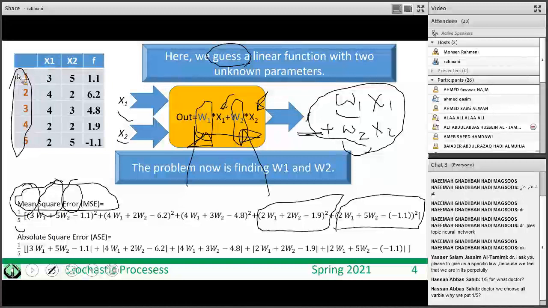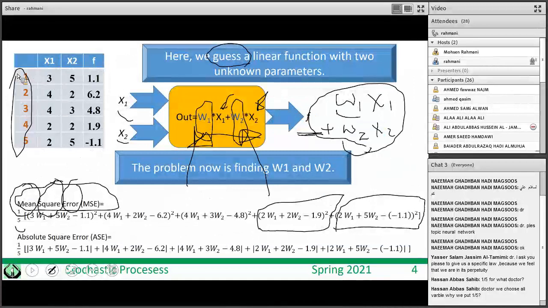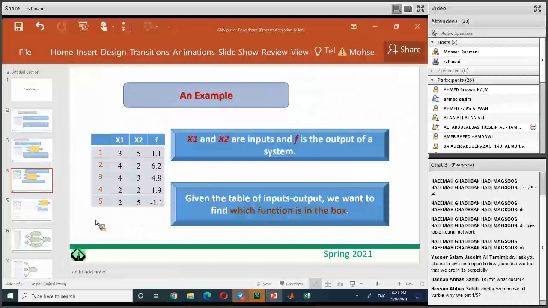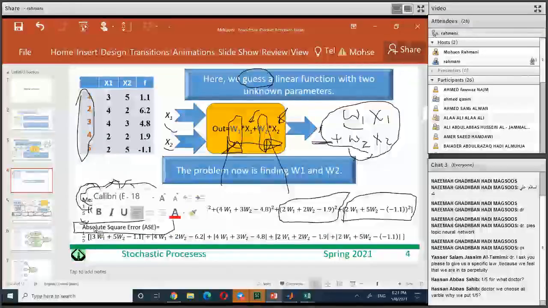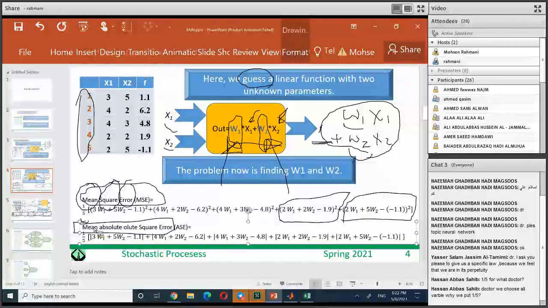We have also another error function here, mean absolute error. This was my mistake, let me correct this. The name is mean absolute error.